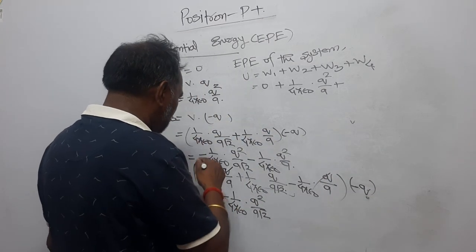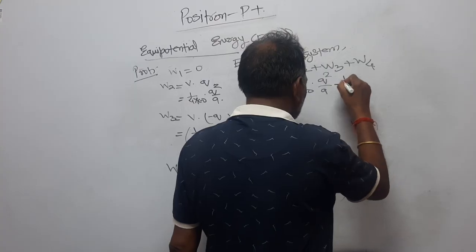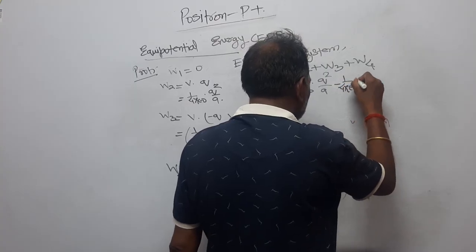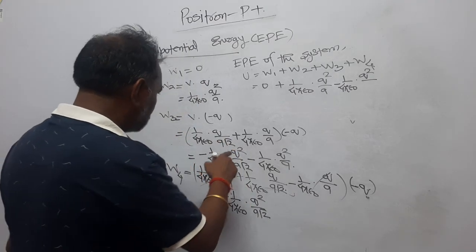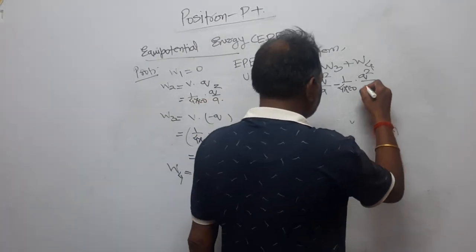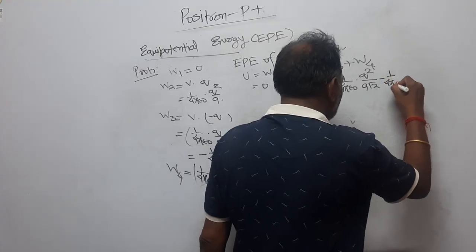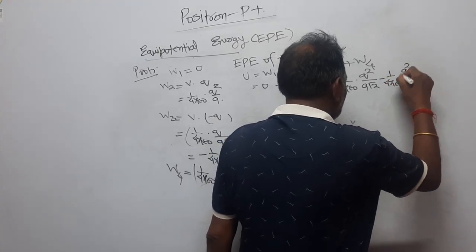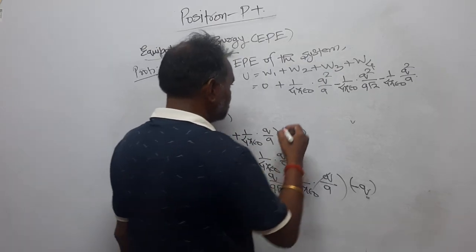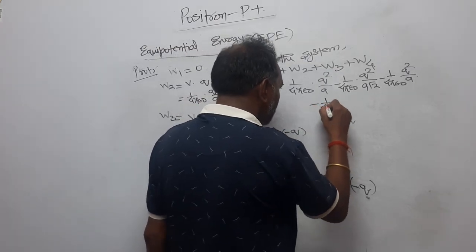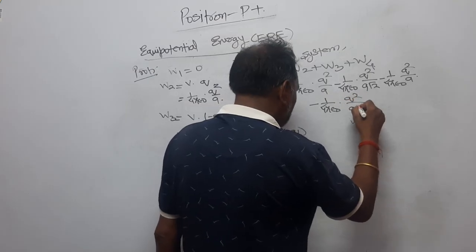W3 is minus 1 upon 4 pi epsilon naught Q square by A root 2, minus 1 upon 4 pi epsilon naught Q square by A, and then W4 is minus 1 upon 4 pi epsilon naught Q square by again A root 2.